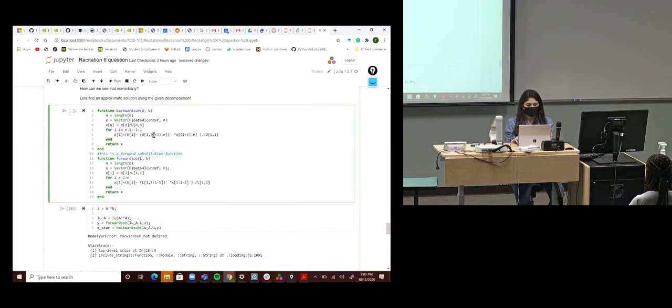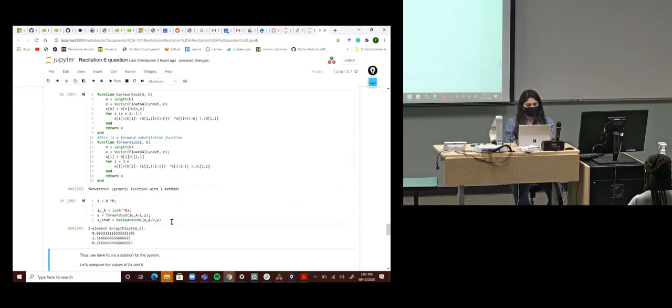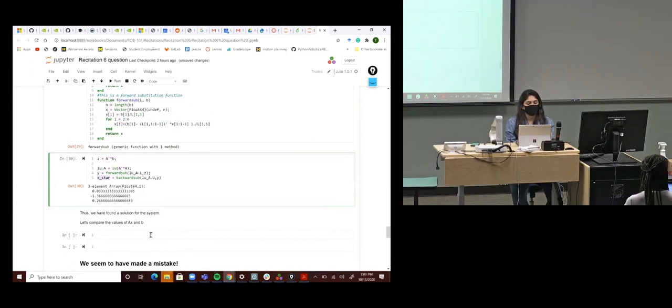And I ran this function, and it gave me a value of my X. So it seems we found a solution. If we found a solution, what should we find?